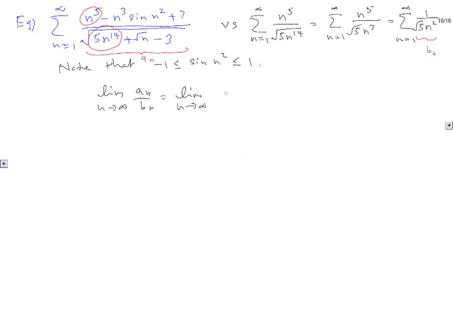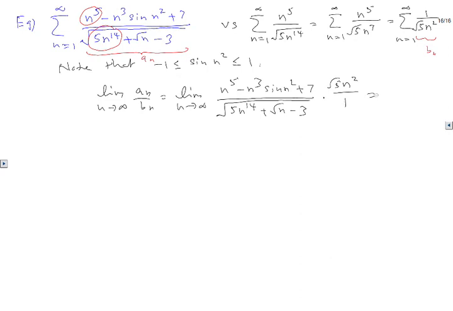That's n to the fifth minus n cubed sine n squared plus 7, divided by the square root of 5n to the 14th plus square root n minus 3, times upside down, the square root of 5 n squared over 1.